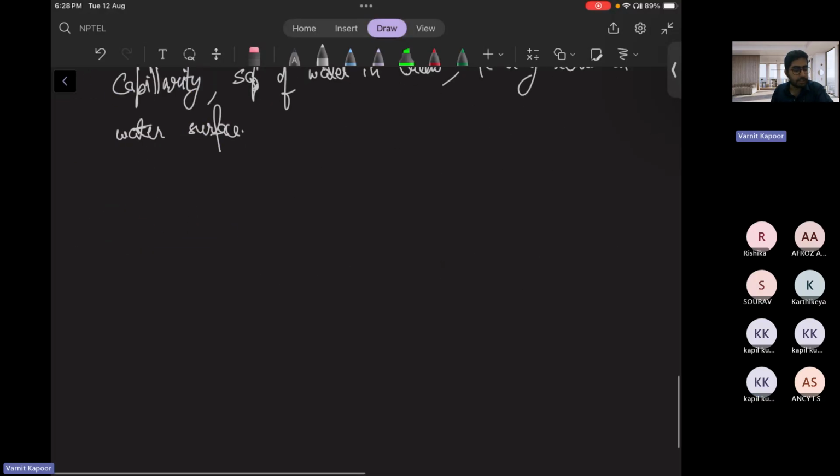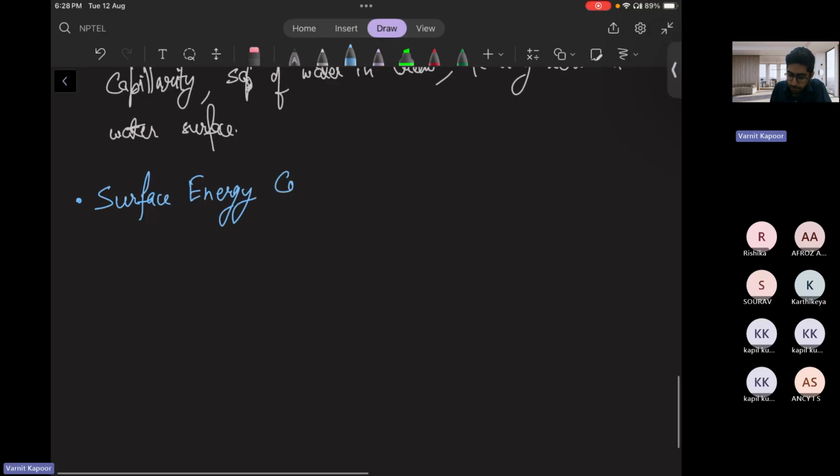Now let's explain the surface energy concept. This is a very common experiment which you will see in your fluid mechanics labs in your colleges or universities or institutes.